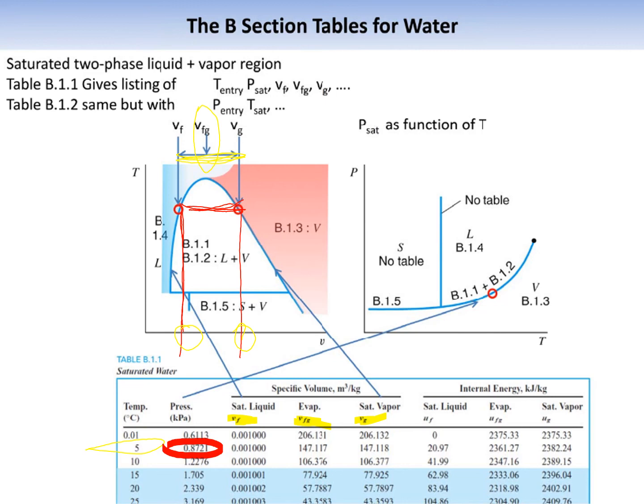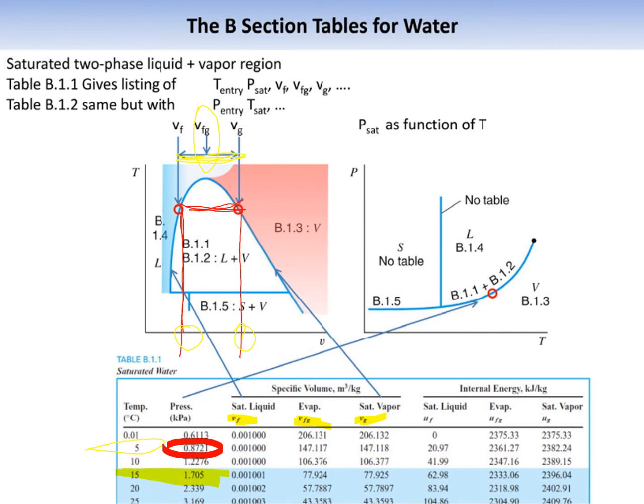So if you have a system, for instance at 15 degrees centigrade, and the pressure is 1.5 kilopascal, then it has already reached the superheated phase, because the pressure is lower than the saturation pressure, so the system has already reached the superheated state.